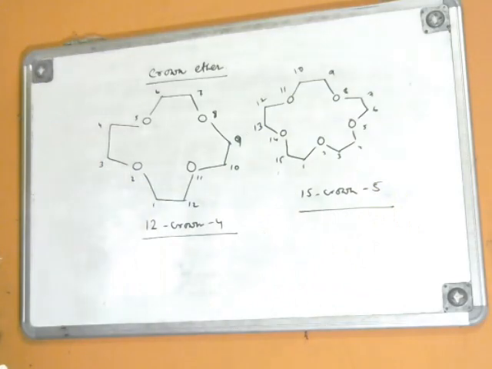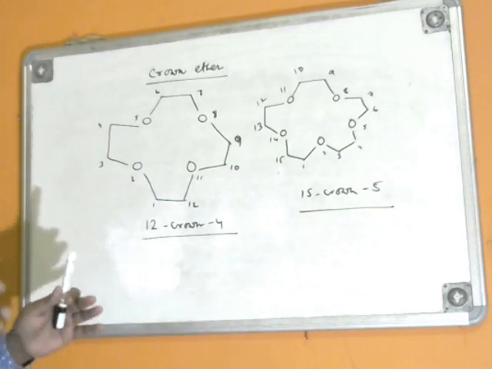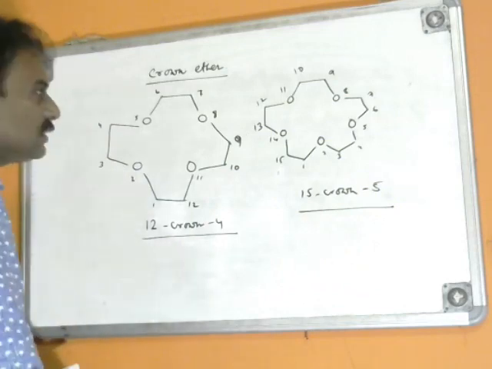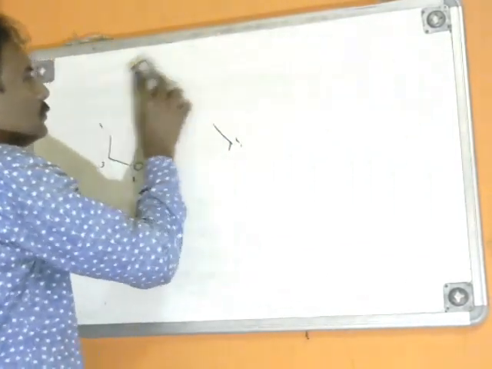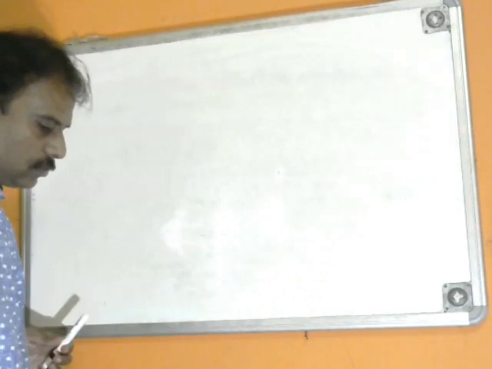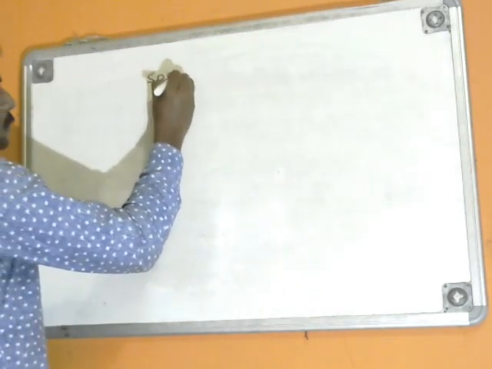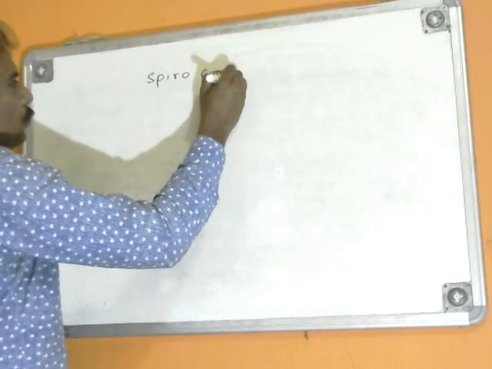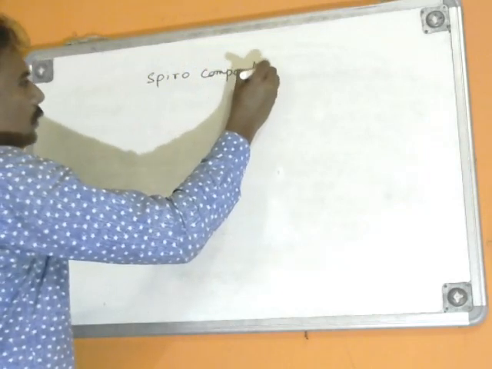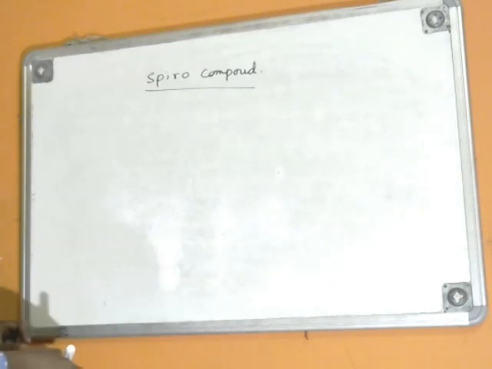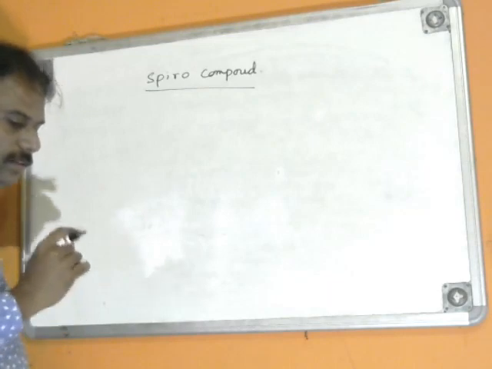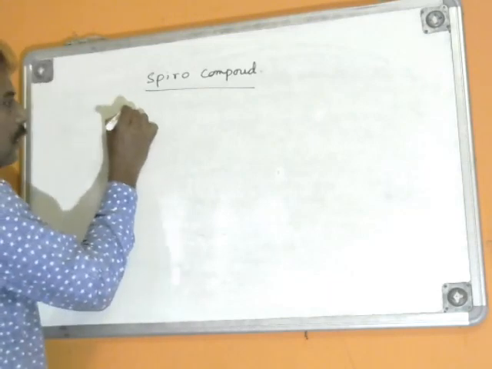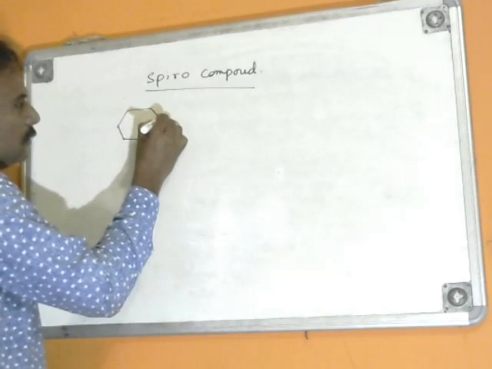That will be the name: 15-crown-5. Okay. So it is very simple to name these sorts of compounds. Next topic is spiro compounds. What is a spiro compound? If two rings, alicyclic rings, are attached at a particular carbon, a single carbon, then it is called a spiro compound. Suppose I am taking an example. This is a spiro compound.